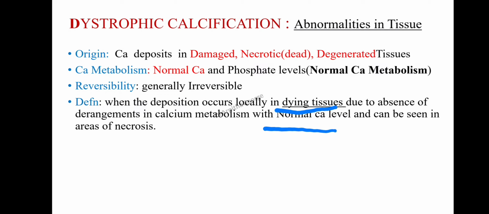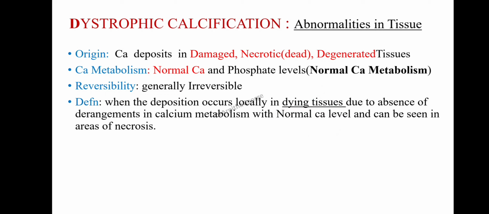The main points are that it should be in dying or dead tissue, calcium metabolism is normal, and the calcium level is also normal. If these occur, it is a dystrophic calcification.